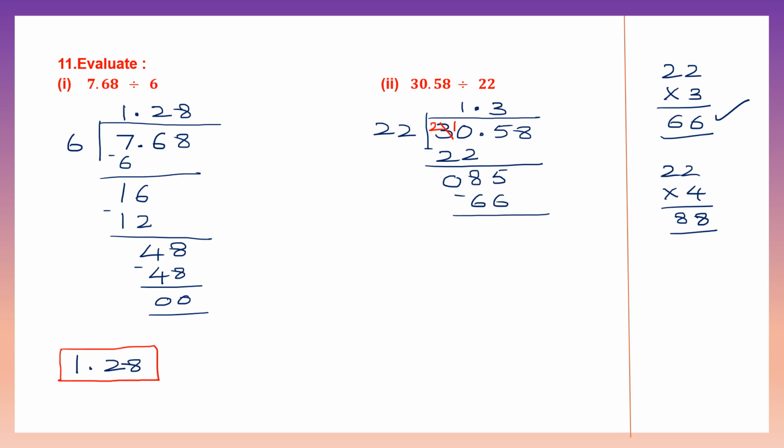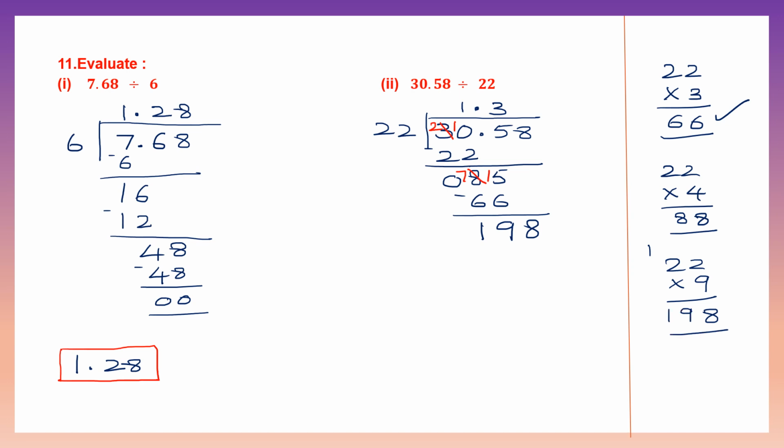Now let's subtract. So here we borrow again. So this becomes 7 and this is 15. 15 minus 6 is 9. 7 minus 6 is 1 and then I bring down 8. Now 198 divided by 22. So now let's see 22 into, let's try 9. 9 twos are 18, carry 1. 9 twos are 18 plus 1, 19.